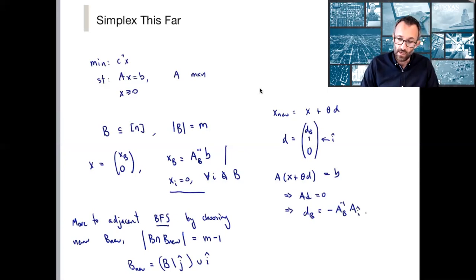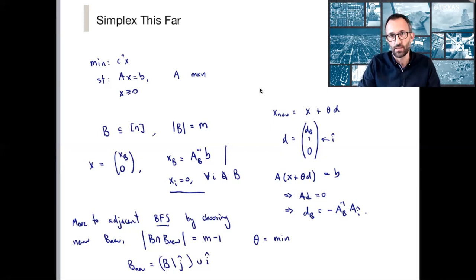So this is how d changes. And then we also talked about how we determine theta. So theta is given by, so you can see what's going to happen, x plus theta d.